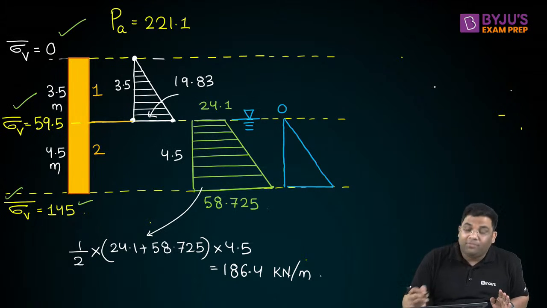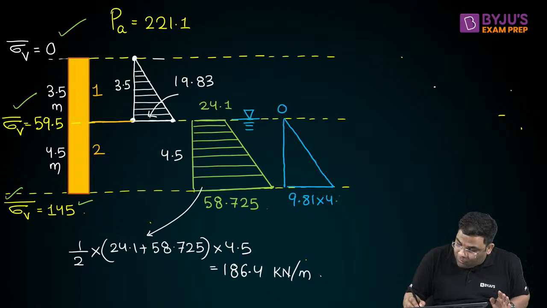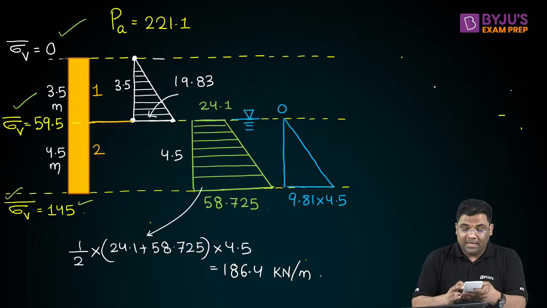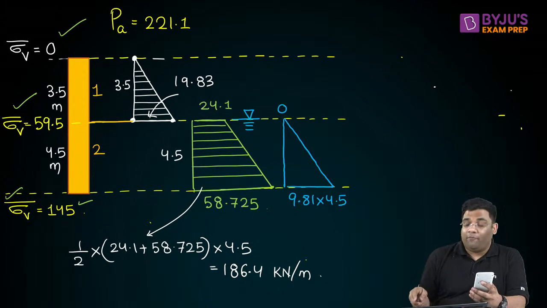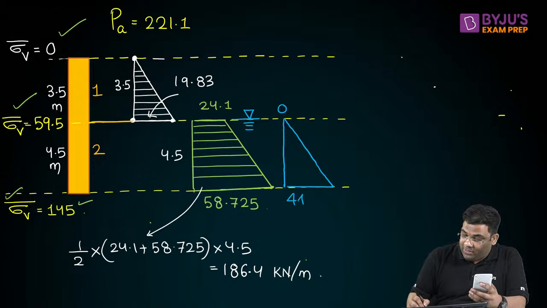So here the pressure will be 0, and here it will be 9.81 into depth 4.5, giving me 44.15, and this is 4.5.